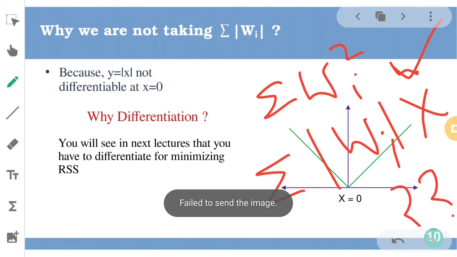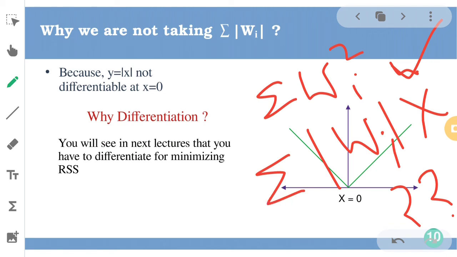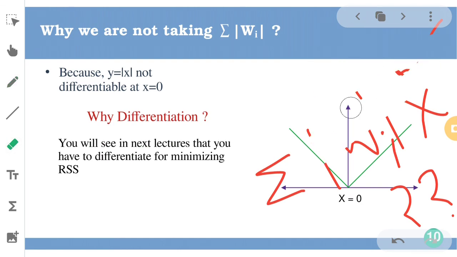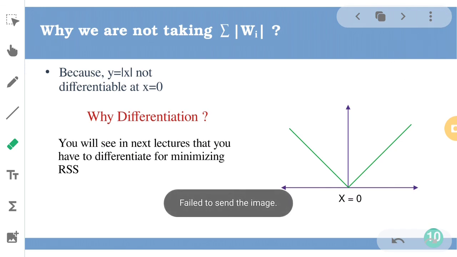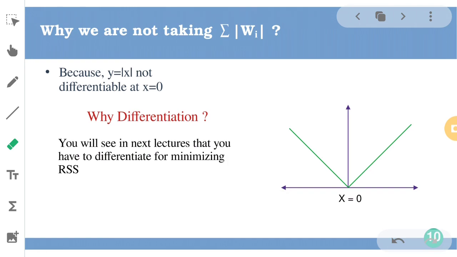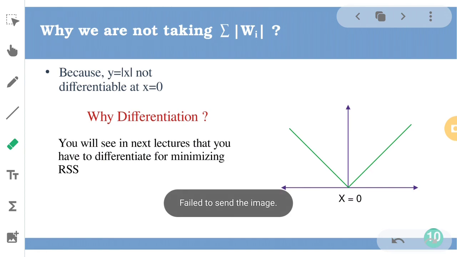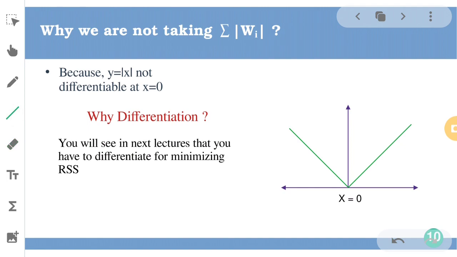Because y equal to mod x is not differentiable at x equal to 0, and you have to differentiate for the other RSS minimizing methods, and the direct formula is also not applicable, because to minimize you need differentiation. So you can't minimize this.